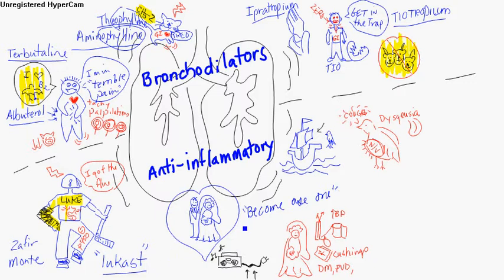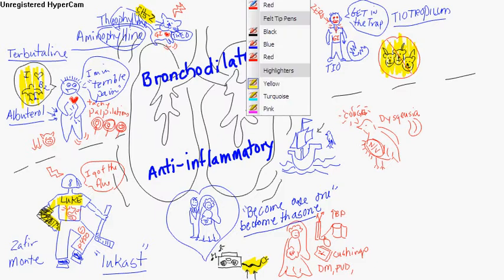Anything that can get into the name. So you've got beclomethasone. Become as one. Beclomethasone. These are the corticosteroids, so cord of the stereo, corticosteroid. I know, it just works.